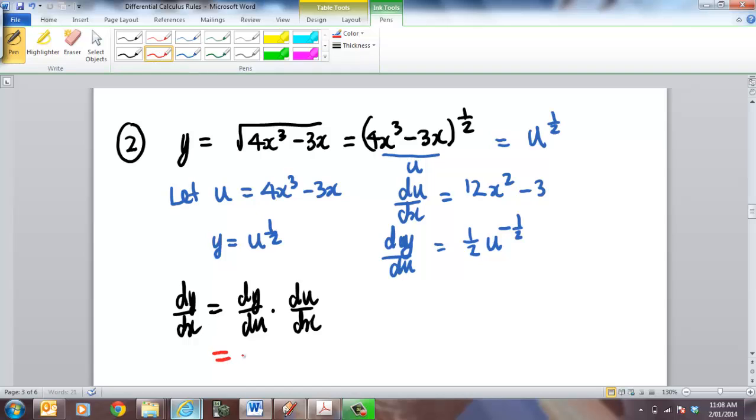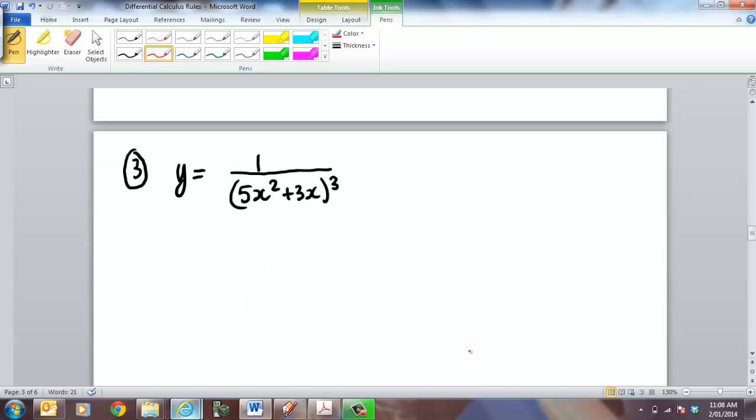That's going to be equal to a half of, now our u value is, might as well write that in rather than writing an extra line, 4x cubed take 3x to the negative half, and you have to times that by du/dx. Du/dx is in fact 12x squared take 3. And then we'll do the third example.